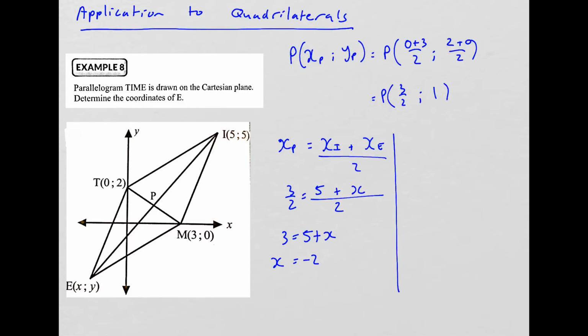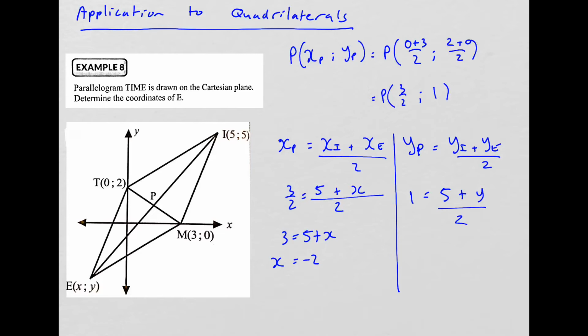Now for the y coordinate, we do the same. So the y coordinate at P is equal to (the y coordinate at I plus the y coordinate at E) divided by 2. Right, the y coordinate at P we've already worked out is 1, and the y coordinate at I is 5, plus y, because we don't know what the y coordinate at point E is, divided by 2.